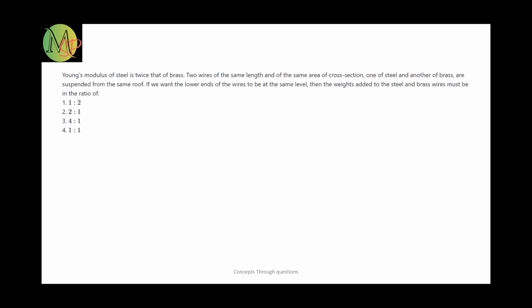Young's modulus of steel is twice that of brass. Just you can take steel and brass. Steel I am going to take as ES and brass will be EB. So Young's modulus of steel is twice that of brass.